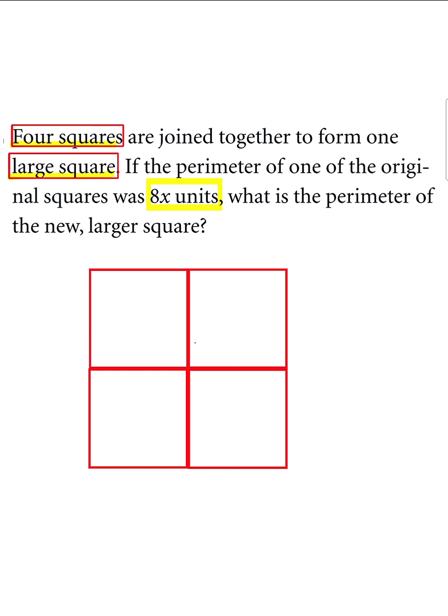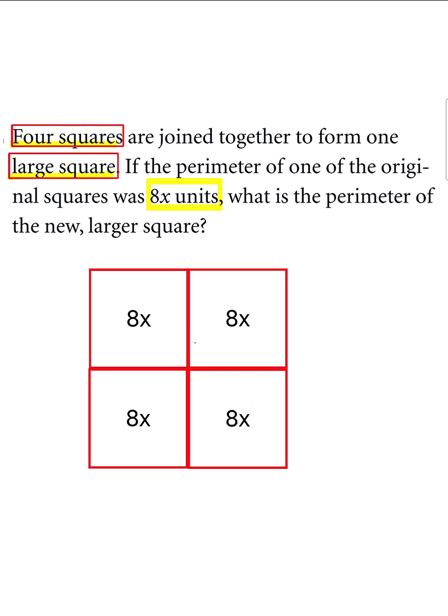So if the perimeter of the original squares are 8x units, which means that the perimeter of this is 8x, this is 8x, this is 8x, and this is also 8x.